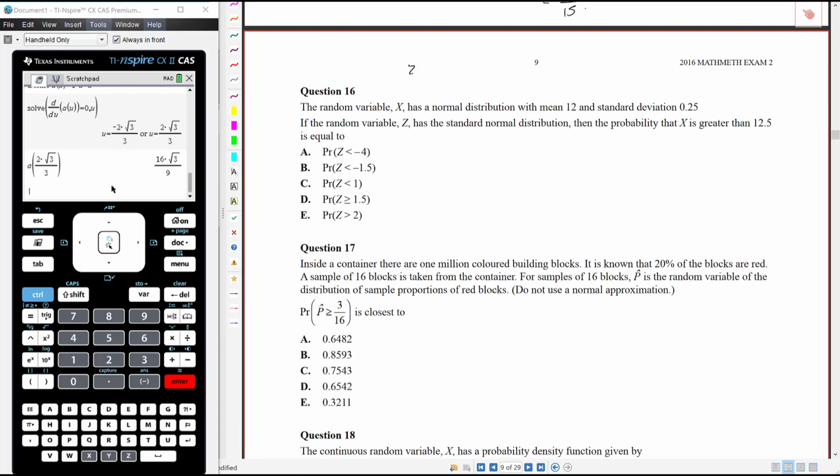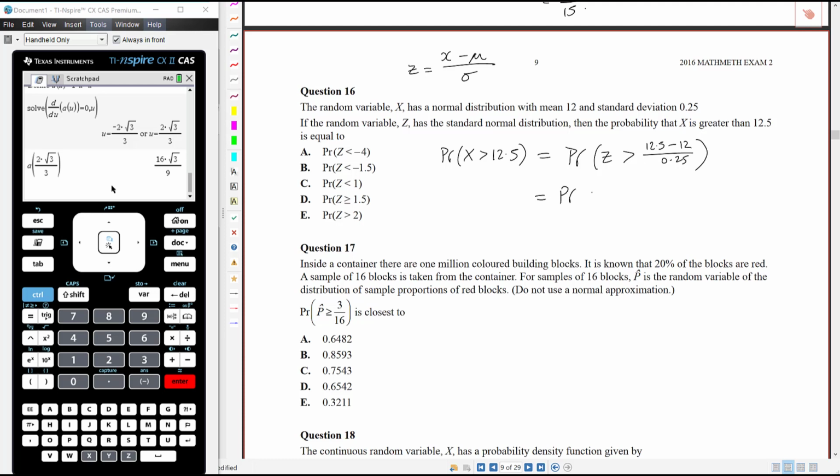So a z-score or a z-value is the original score minus the mean of the original score divided by the standard deviation of the original score. So if we want the probability of x being greater than 12.5, that is the same as the probability that z is greater than 12.5 minus 12 over 0.25, my apologies.